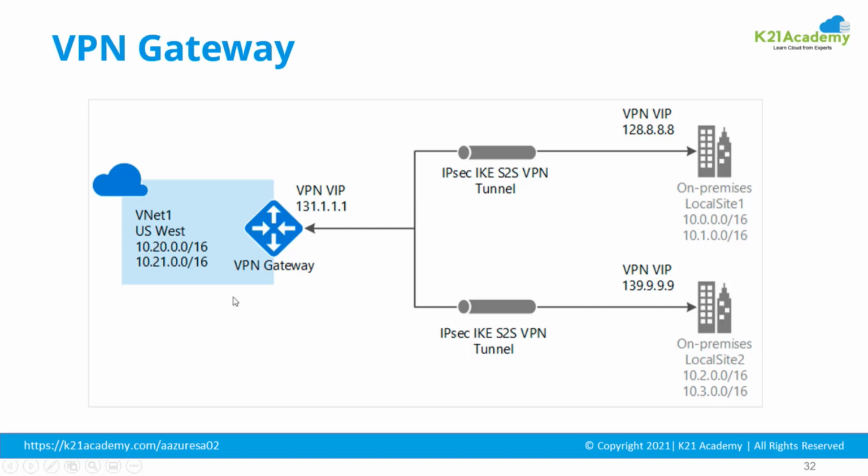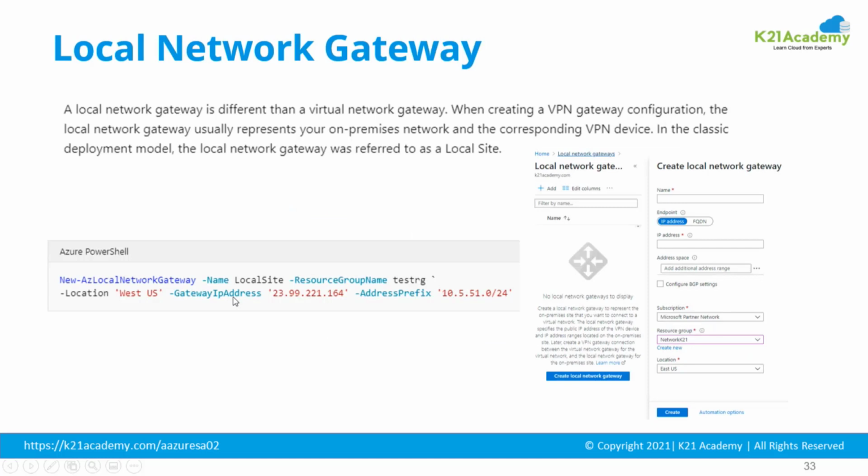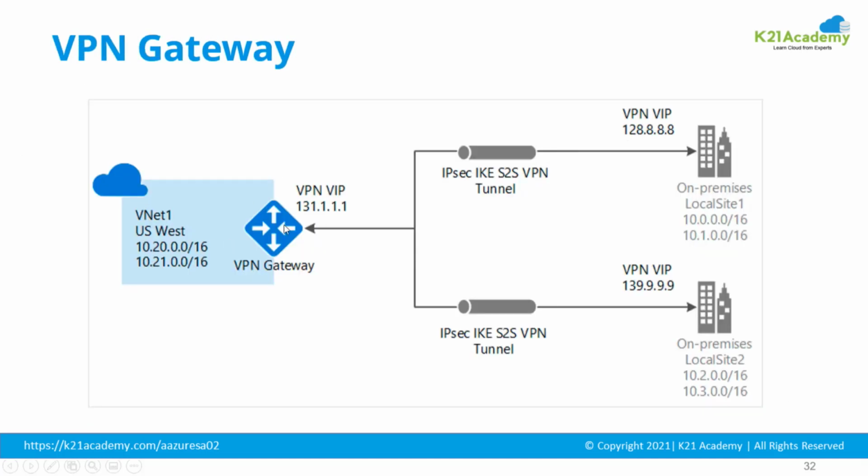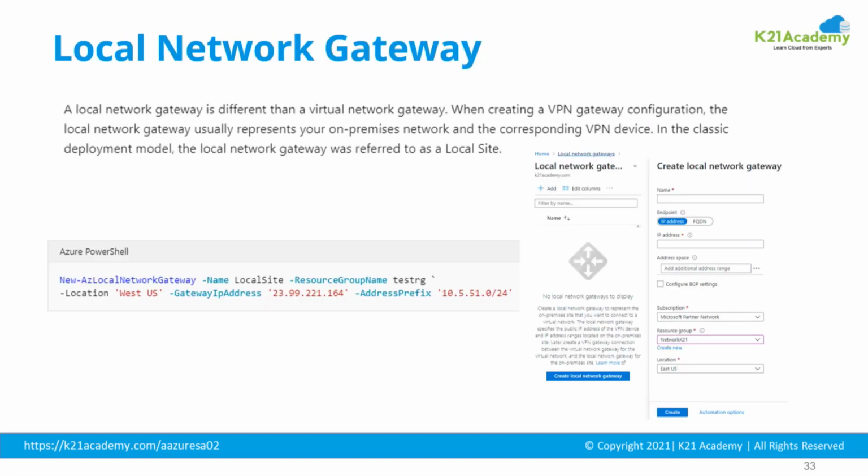So that's the VPN gateway. Now, in a VPN gateway, there is also what is called a local gateway. When you define a VPN gateway, you also define a local network gateway. This local network gateway is different from the virtual network gateway, but it represents this.